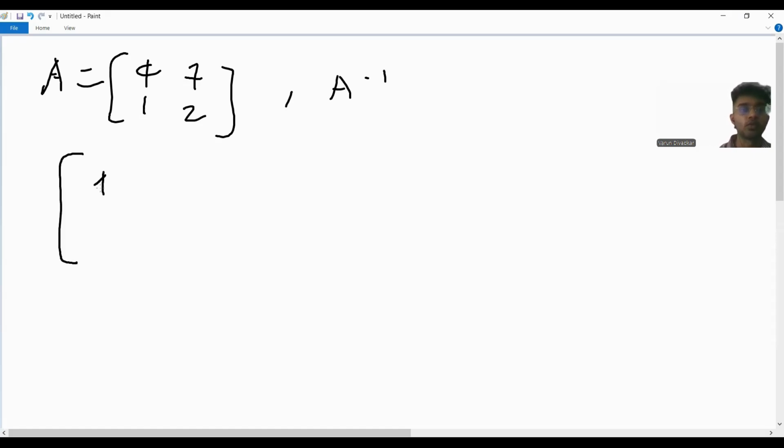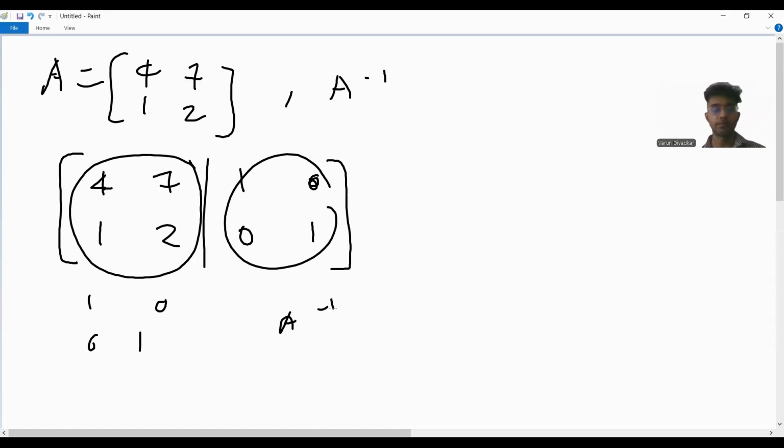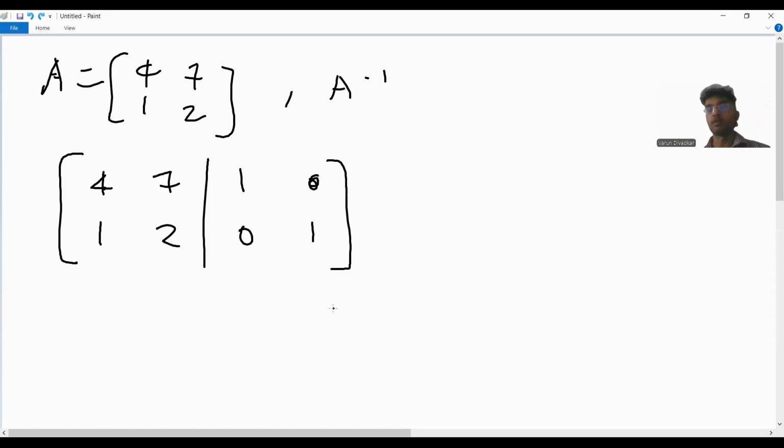It's going to be like this: 4, 7, 1, 2, slash 1, 0, 0, 1. Okay. So somehow you have to now transform this to 1, 0, 0, 1. So this side will become A inverse. Clear? So let's do that using the elementary row and column transformations, which we have learned in the previous video.